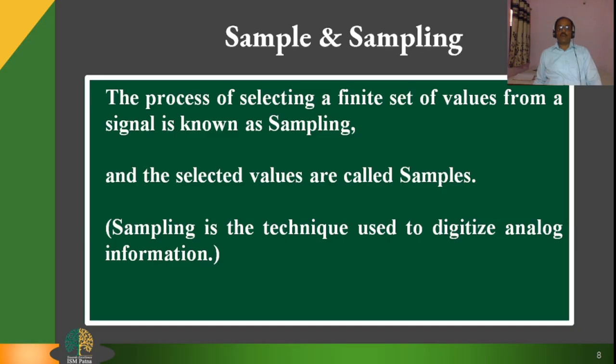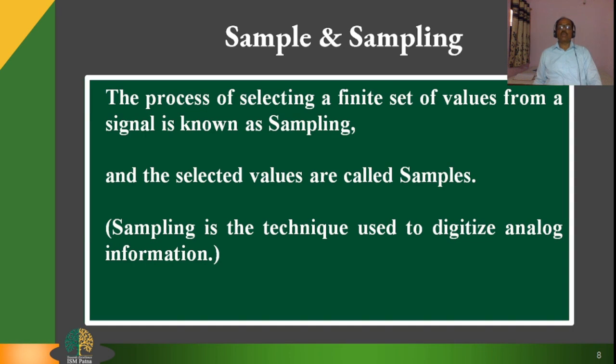Signals can be classified by their values at all points in the spatial domain. A continuous signal is defined at a continuum of positions in space. A discrete signal is defined at a set of discrete points in space. We may define sampling as the process of selecting a finite set of values from a signal, and the values which are selected are called samples.